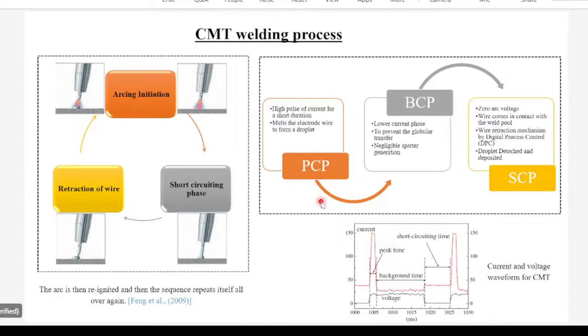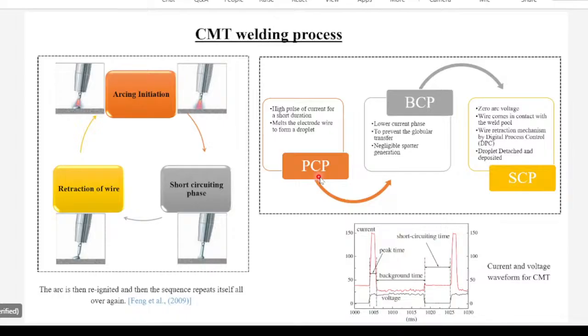Digital process control controls the wire with such precision that it can make 70 oscillations in a second. After the short circuiting phase, you have a wire retraction. Just as it touches, the wire is retracted, a lower heat input melt pool is made, and then the process goes on and on.